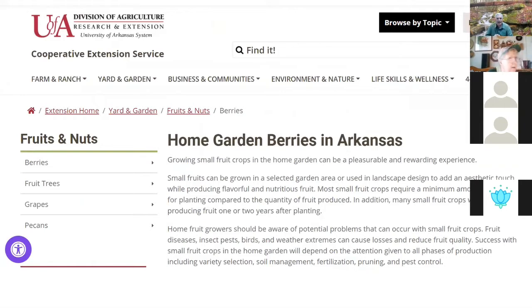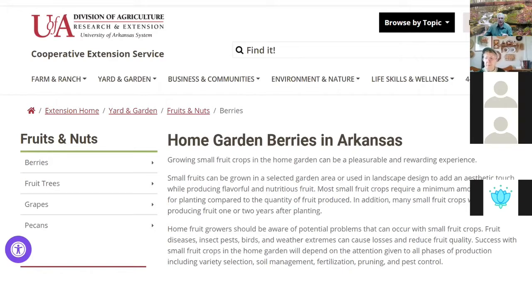If you're into the caneberries, and by caneberries, I'm talking about blackberries and raspberries, we just refer to them now collectively as caneberries anymore. The University of Arkansas is the 800-pound gorilla when it comes to caneberry information.